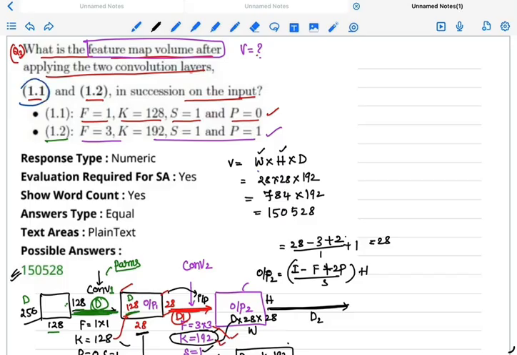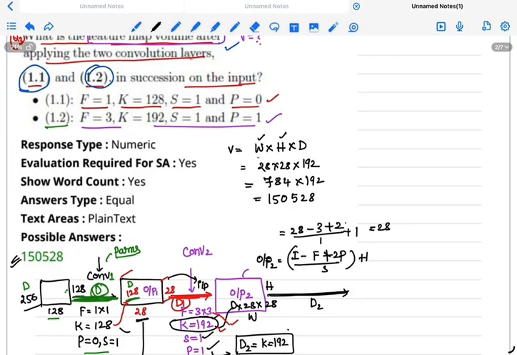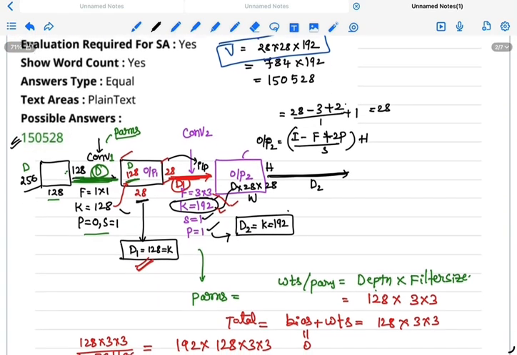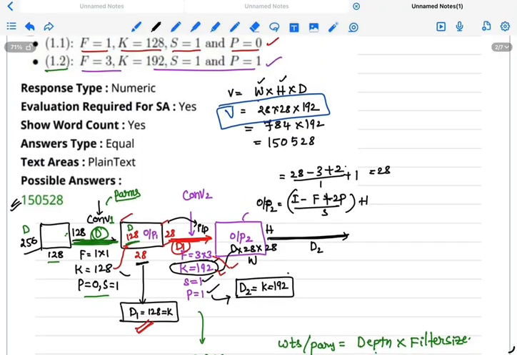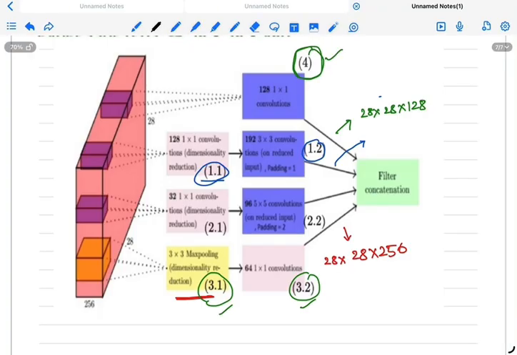What is the feature map volume for blocks 1.1 and 1.2? This is the question, and the answer is 28 cross 28 cross 192. So this is block 1, 28 cross 28 cross 192.